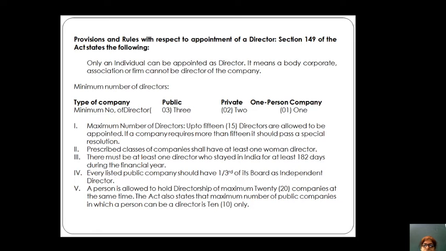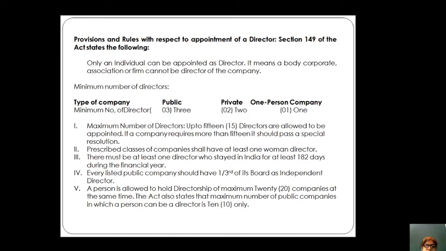So he should be a resident for at least 182 days continuously in that financial year in India. Then only he can become a director of any Indian company. Simply it means that. Correct?